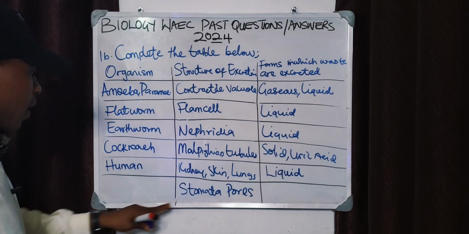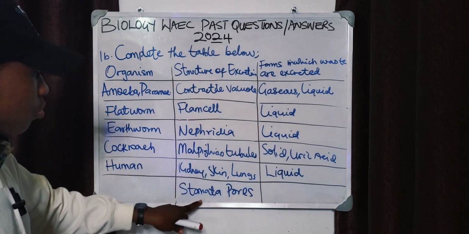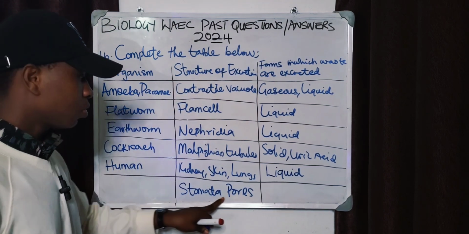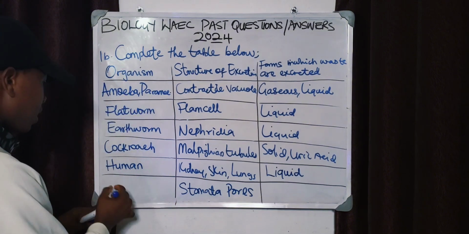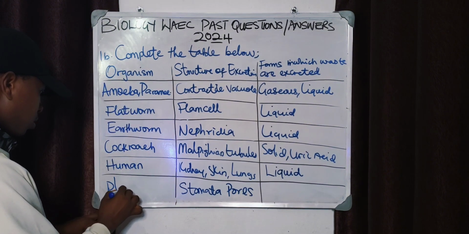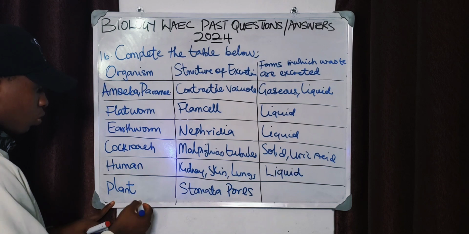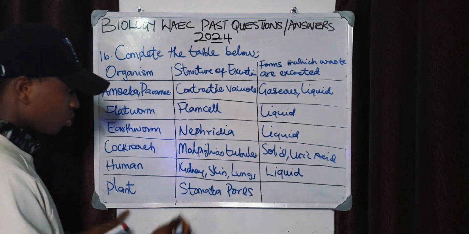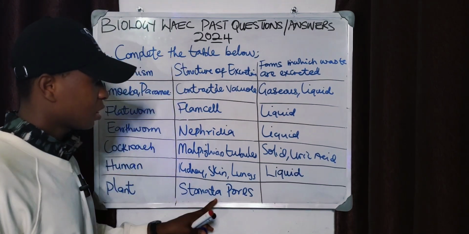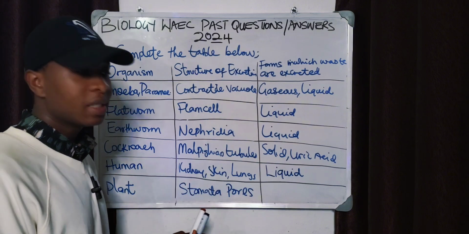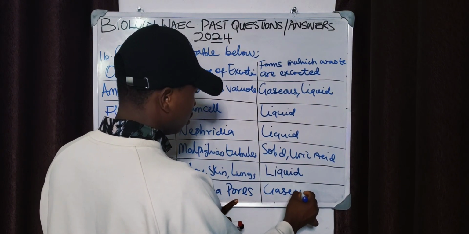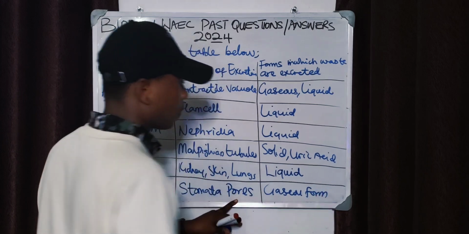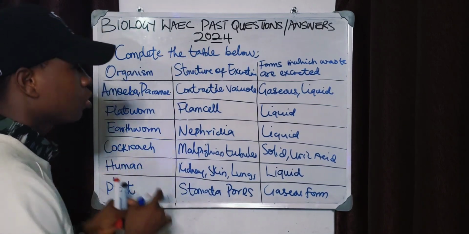All right. Now, under structure, we have stomatal pore. So when you hear stomatal pore, what comes to your mind? It's a plant. So flowering plants use stomatal pores to excrete. And in what form? It's in gaseous form. So that is the answer for 1B.